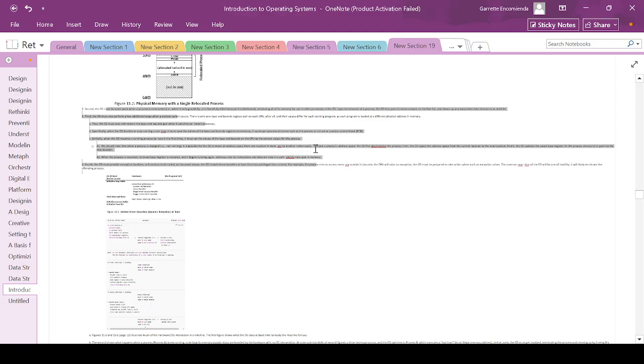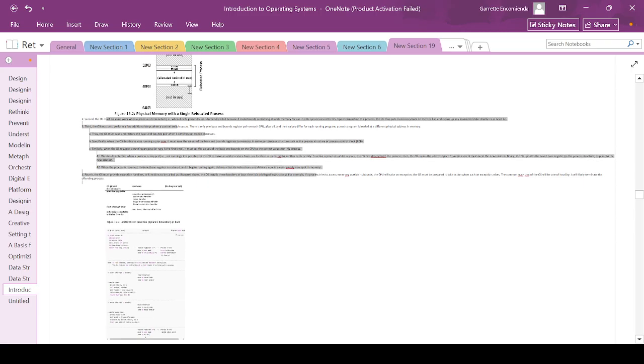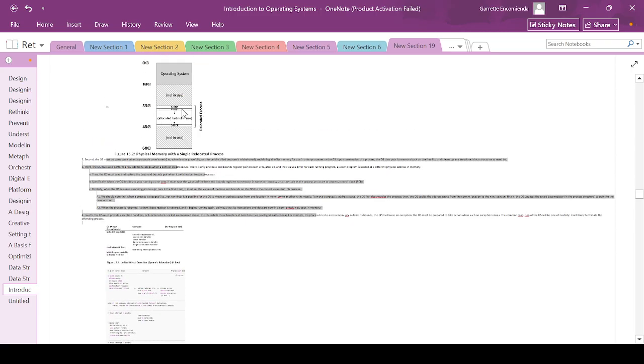So you can put a program here, so the base and bounds are different.